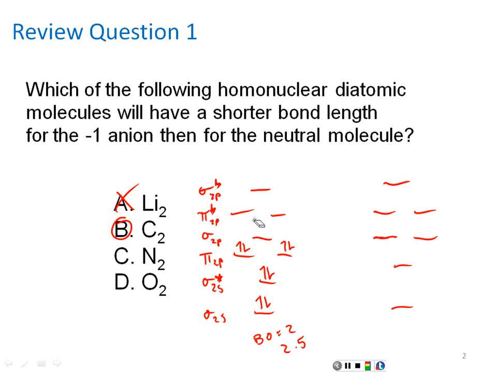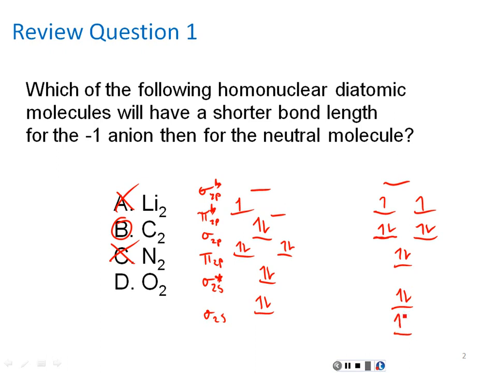And just to be complete, let's go through N2. N2 will have 10 electrons. For N2 minus, we add 1 electron, and you see that it's in an anti-bonding orbital, so that's actually going to increase the bond length, not shorten it. And for oxygen, O2, we fill 12 electrons, but now we use this pattern. So we have 1, 2, 3, 4, 5, 6, 7, 8.